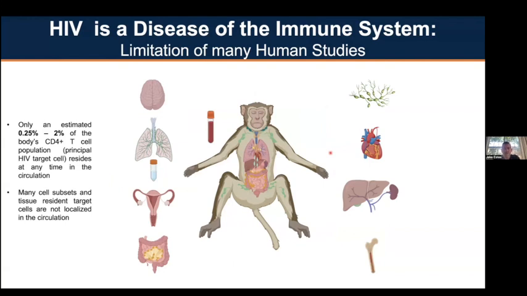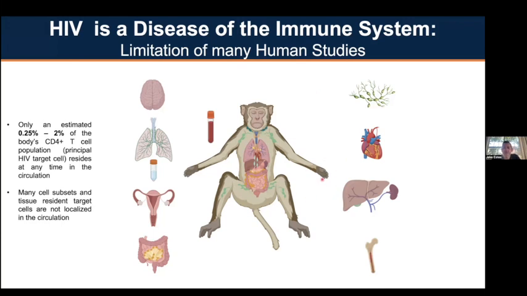What I'm going to talk to you about first is some studies that we did in non-human primates using a variety of different viruses, both SIV and some SHIVs, in which we infected these animals and then sacrificed them at various different time points before antiretroviral therapy. Some animals were then placed on antiretroviral therapy.